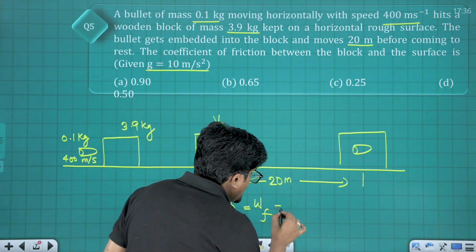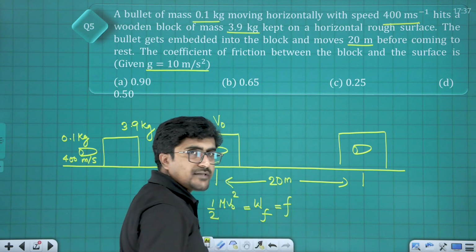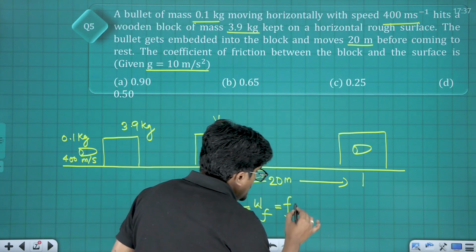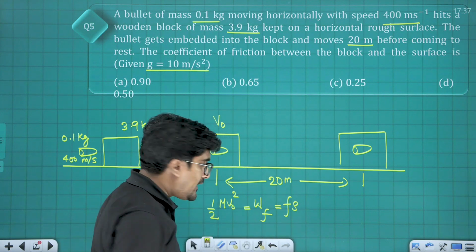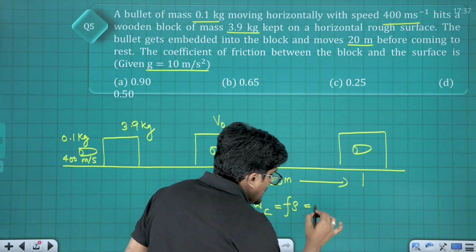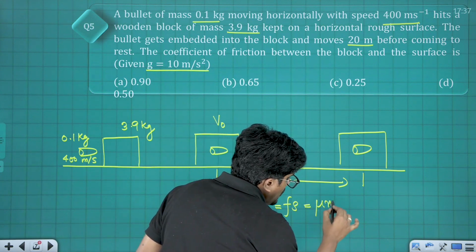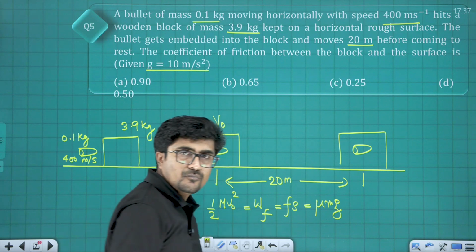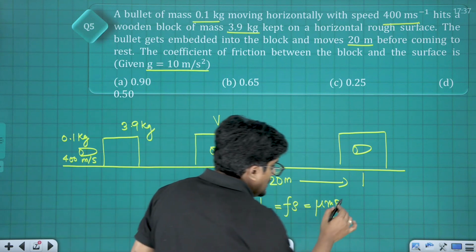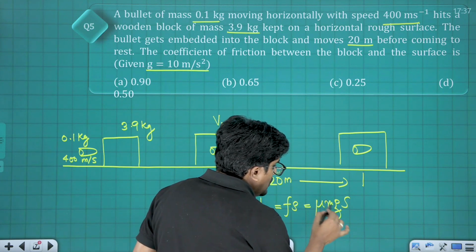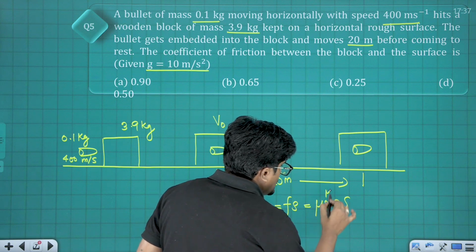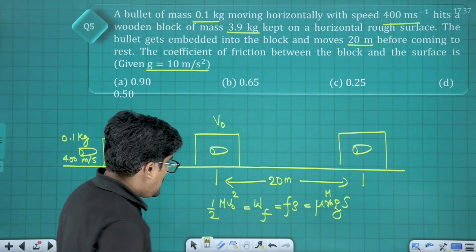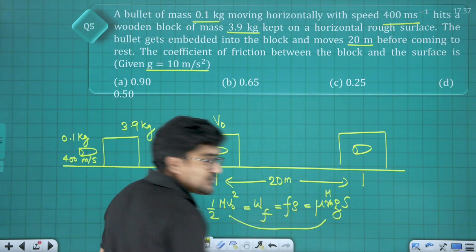And work done due to the friction is nothing but frictional force F into displacement. And what is frictional force F? It's going to be mu into M into G, so mu into M into G into S. And now this M is the total mass, so I'm going to replace it with capital M. Now I can equate these two.